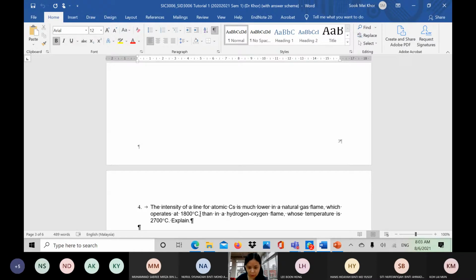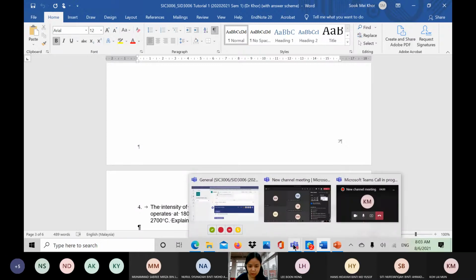I would like to know the opinion from the students, to see whether you understand this question. First, before we answer the question, we have to understand the question first. This is what I always emphasize, and this is important for your final exam. I will talk more about our final exam later on, once we finish discussion on our tutorial 1 and tutorial 2 answers.